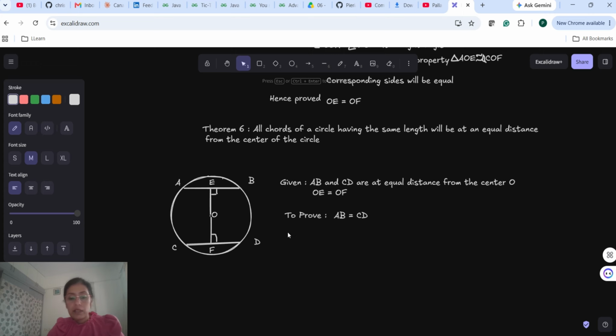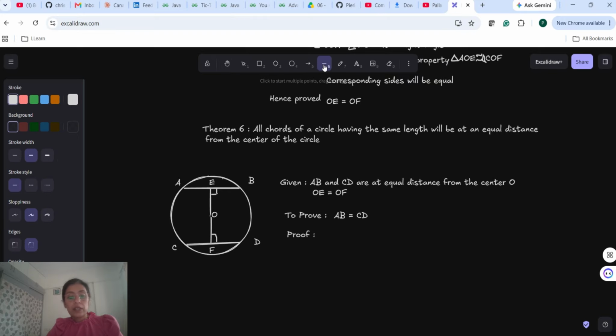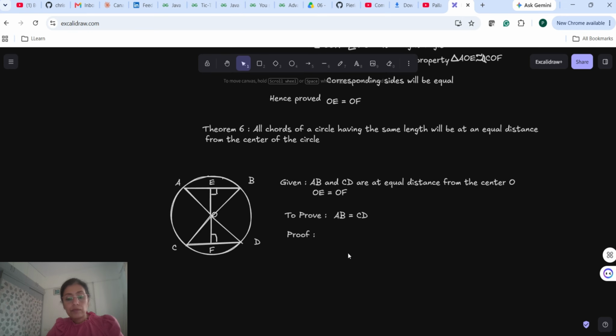And then let's start with the proof. So as usual, let's try to draw the triangles so that if we can prove they are congruent, then we will be very easily able to prove that AB is equal to CD.